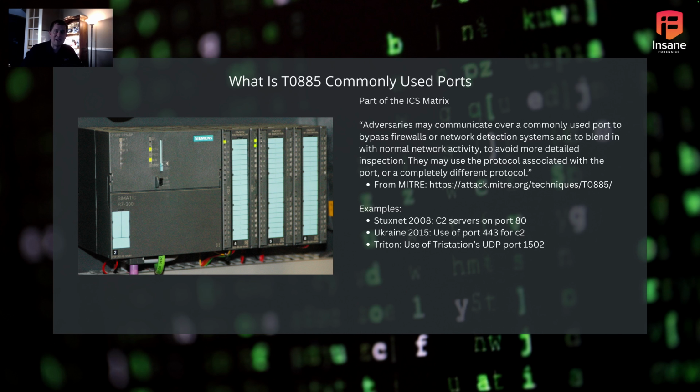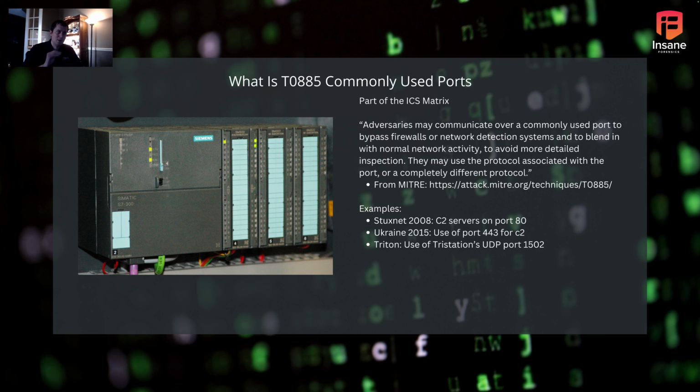Again, this is part of the ICS matrix. Looking at examples, going back to the 2008 timeframe, Stuxnet used C2 servers over port 80, and Ukraine 2015 used port 443 for C2. So seven years later, you're still using HTTP and HTTPS ports.